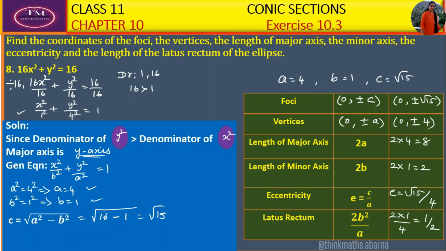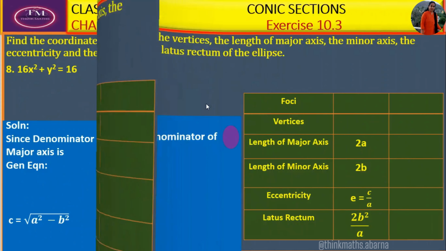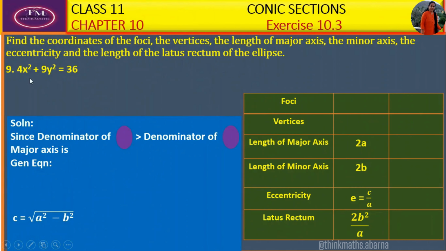Clear, children? Do you understand? Yes. Moving on to the next problem, ninth one. 4x square plus 9y square equal to 36. So first we should convert this to standard format. We have to divide this by 36.